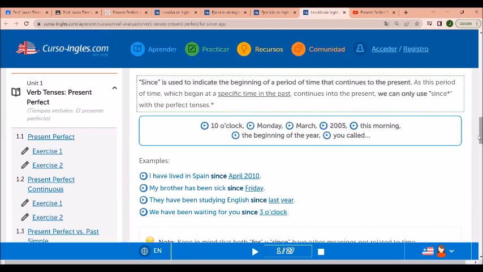Examples: I have lived in Spain since April 2010. I have lived in Spain since April. Repeat 2010. It could be 2010. Mm-hmm.